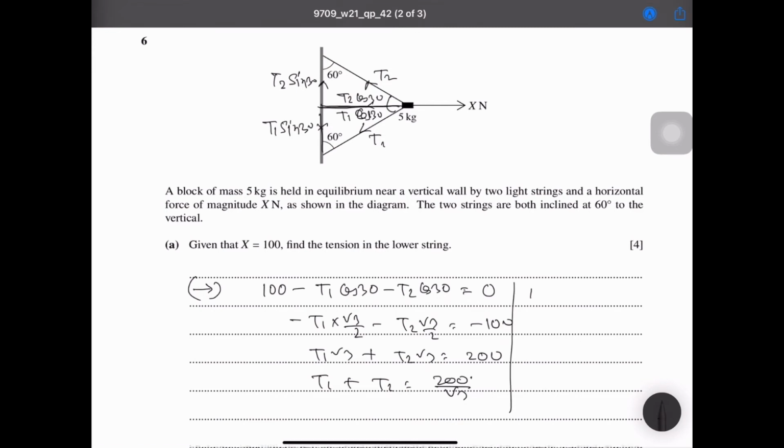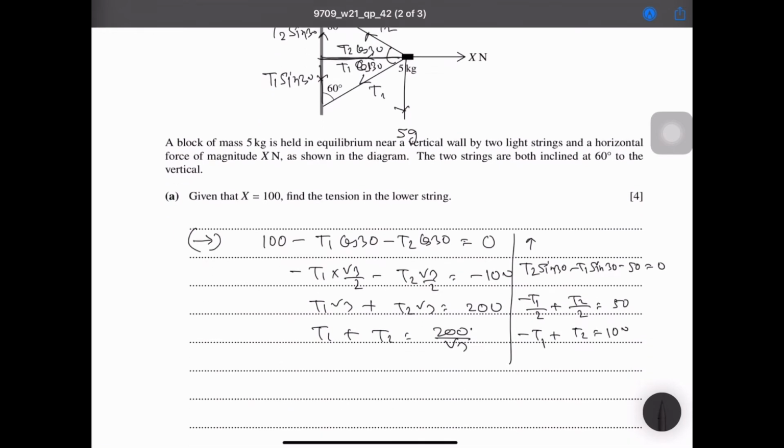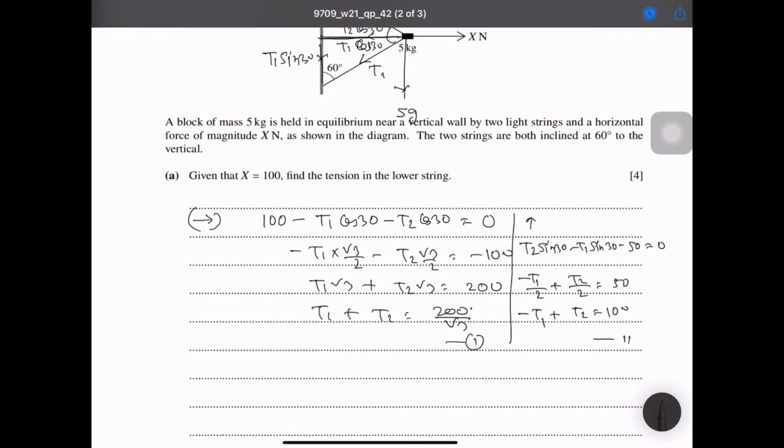And now resolve in the vertical direction. There is another force, 5g, so this is 50. T2 sin 30 minus T1 sin 30 minus 50 equals 0. Let me take 50 to the other side. Minus T1 by 2, since sin 30 is half, plus T2 by 2 equals 50, multiply by 2, equals 100. Now let us take equations 1 and 2.